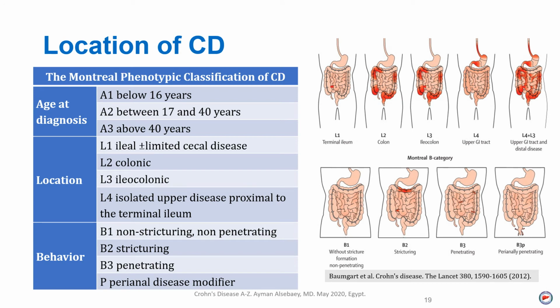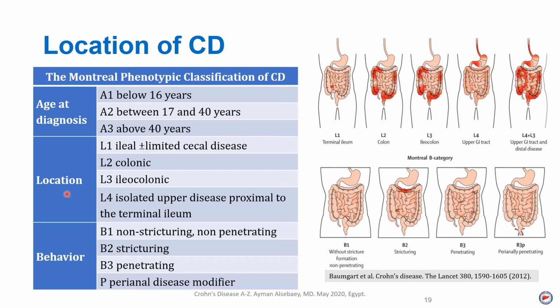The Montreal classification has classified the disease according to the age, according to the location, and according to the behavior. According to the age, A3 is age above 40. Generally speaking, any patient under 40 will have aggressive disease. Okay?